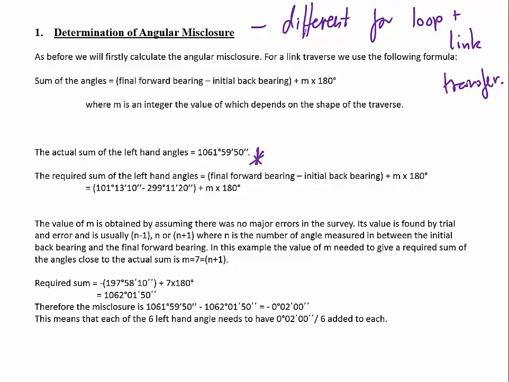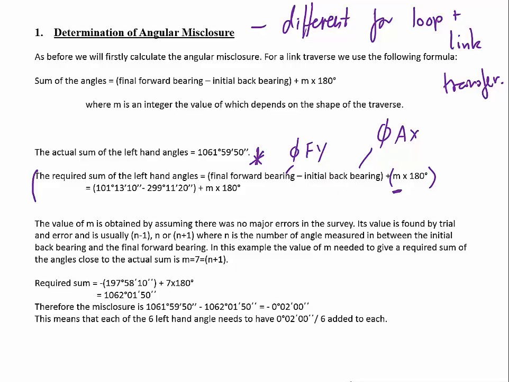For a link traverse, the equation is this. The required sum of those left-hand angles should equal the final forward bearing, which in our case is FY, minus the initial back bearing, which is AX, and then we add m times 180. The only tricky bit is that m changes.